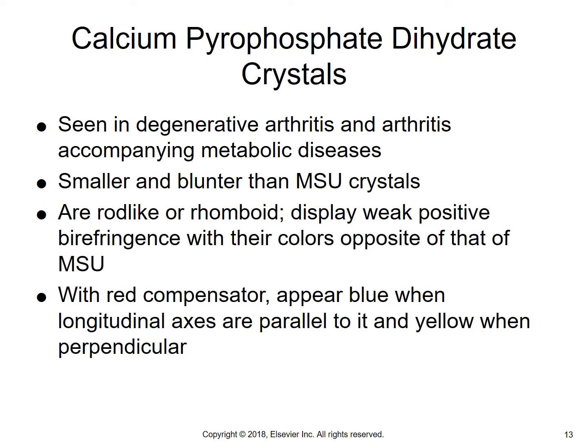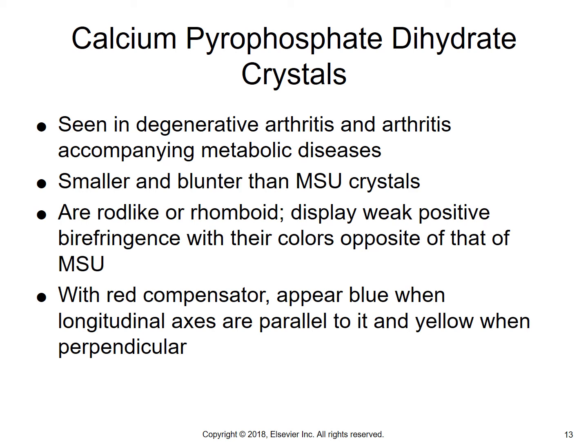Calcium pyrophosphate crystals are seen in diseases usually referred to as pseudogout, and they are associated with the calcification of cartilages, which includes degenerative arthritis, as well as metabolic diseases such as hypothyroidism or diabetes.